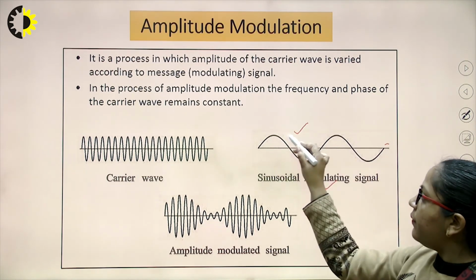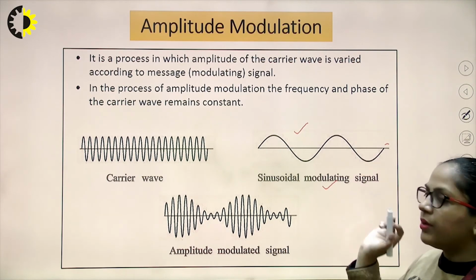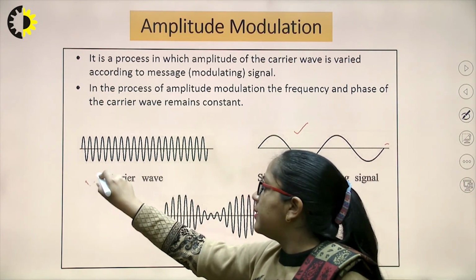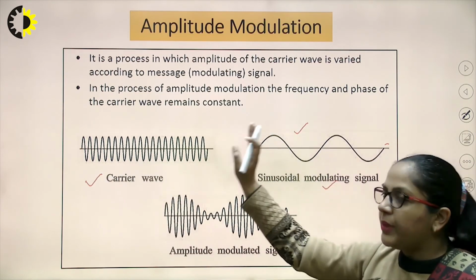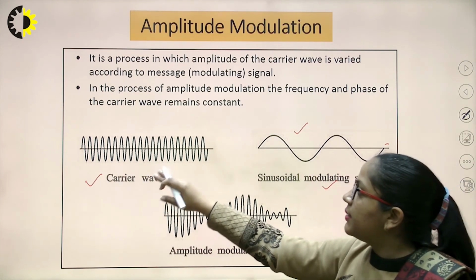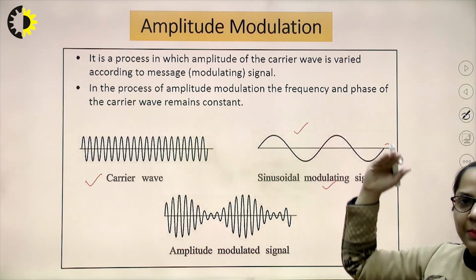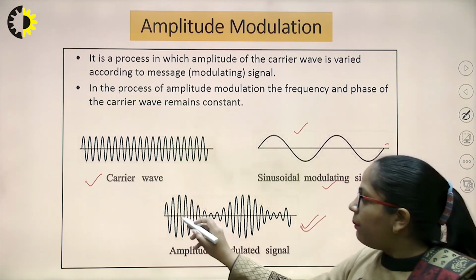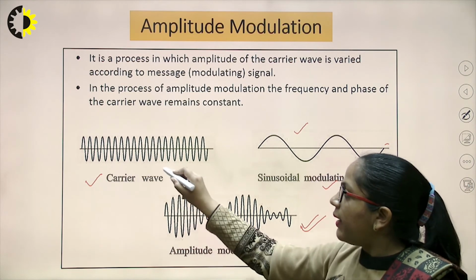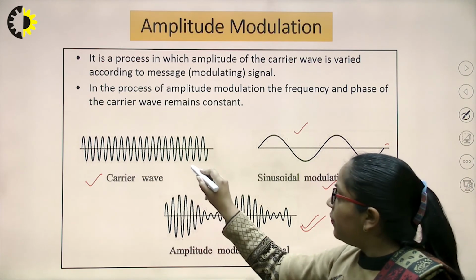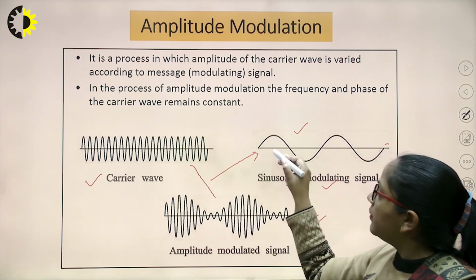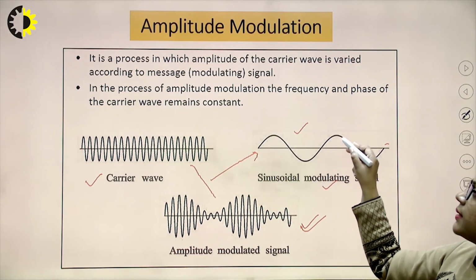Here I have my message signal, a sinusoidal, periodic waveform. Here I have my carrier signal that will carry this information. How will it carry this information? With the help of amplitude modulation. Here we can observe the amplitude of this carrier signal is varying according to the amplitude of this message signal.